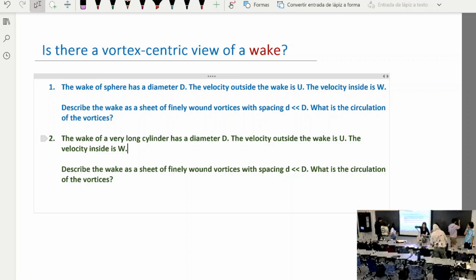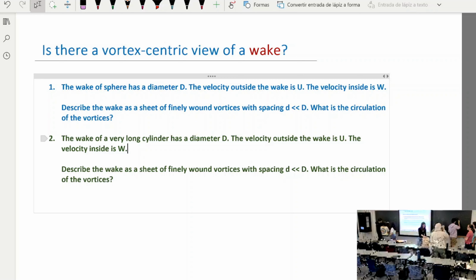For this one you get good numbers, and the direction is correct, right? These are wound like that. For the cylinder, it's very long, so the vortices can no longer wind like helices. So the question is, how do the vortices look?